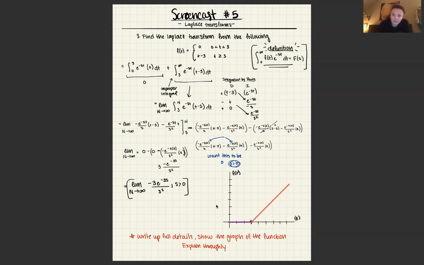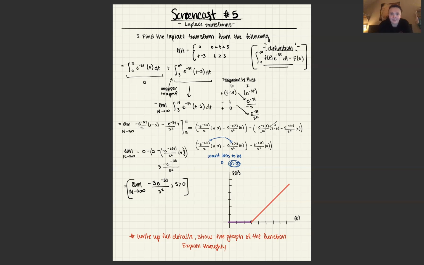Just for clarification, I included a picture of the function that we were originally graphing. This helps make sense of the answer because there is no area underneath this line from t equals 0 to 3.